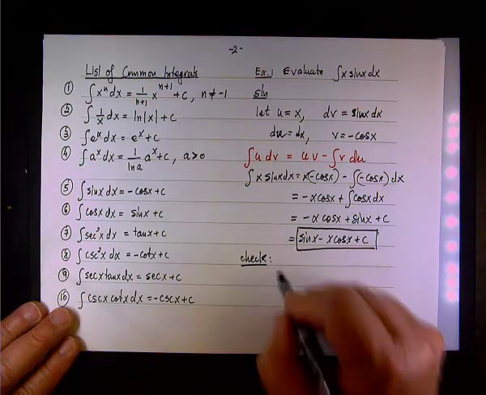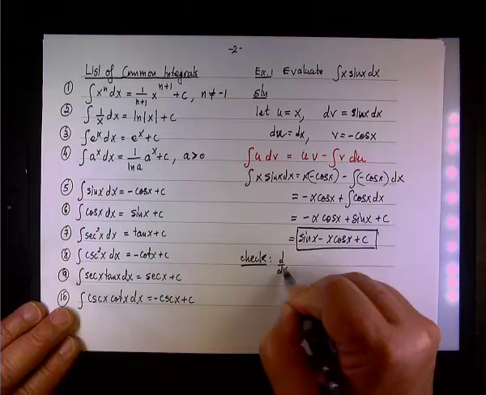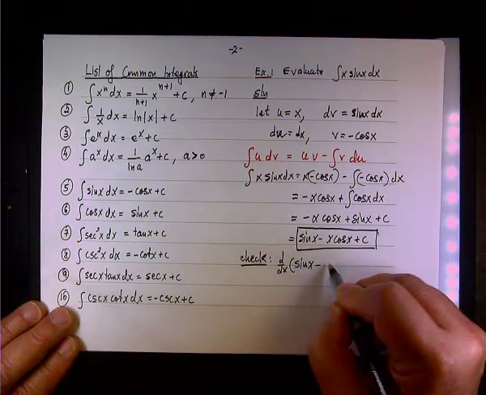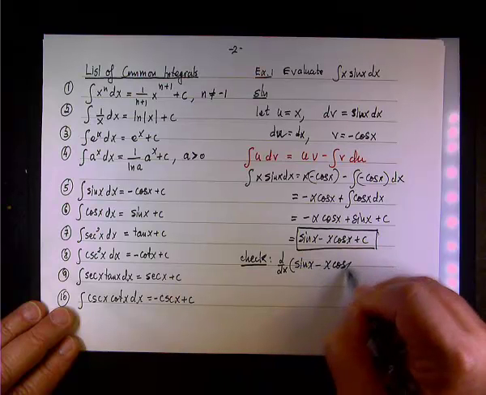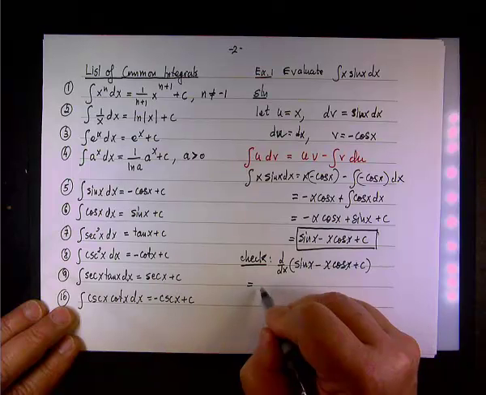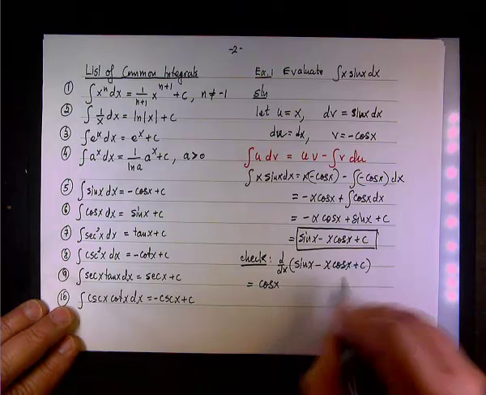Okay, I want to check if I differentiate this result, I'll get back x sine x. Sometimes we forget this basic thing that we can do to verify the correctness of our solution.